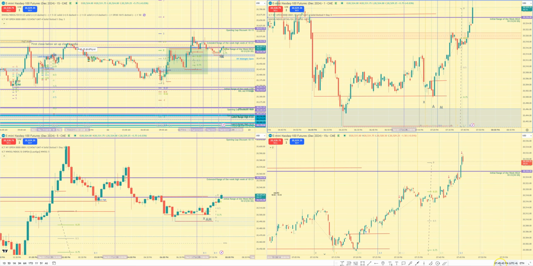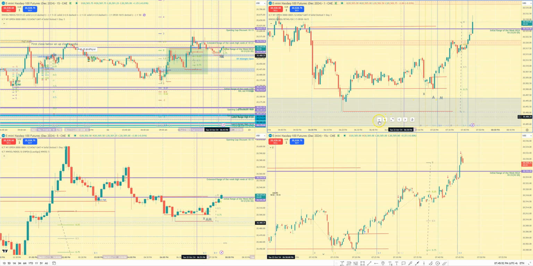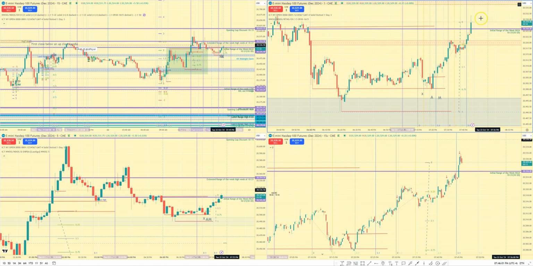Yeah, 5 minutes to 50. It made this last run. It has taken this area here, but now look, from this new day opening gap to this new day opening gap, it's more than event horizon, so there's a high chance it's going to come all the way up here.